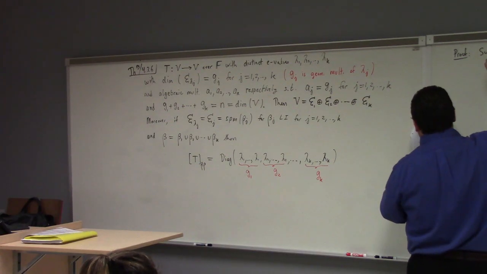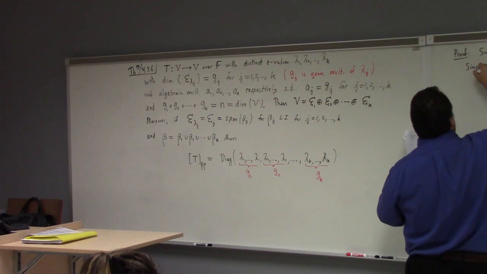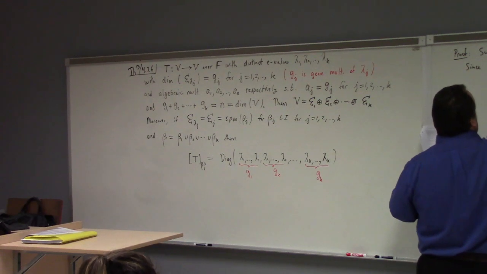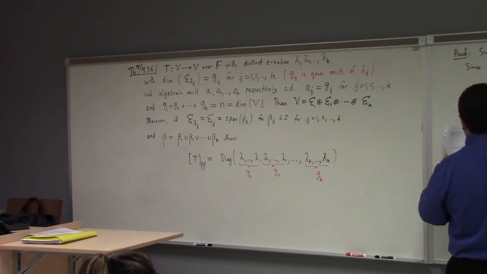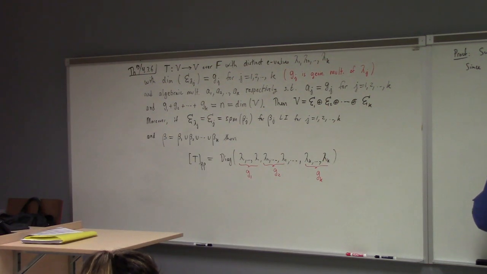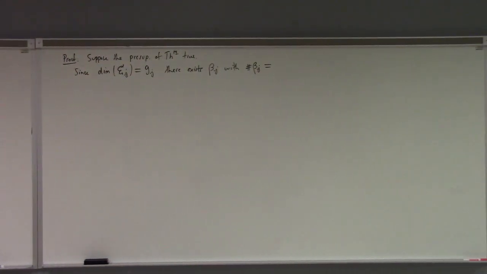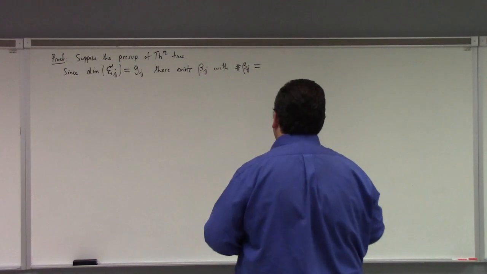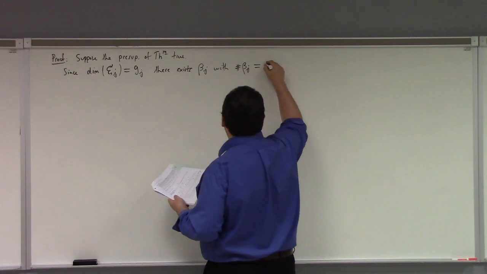Then, since the dimension of Ej is equal to Gj, there exists beta j with the number of things in beta j equal to what? G sub j, right? Because that's the dimension, yeah? So I'm supposing there exists this basis, right?